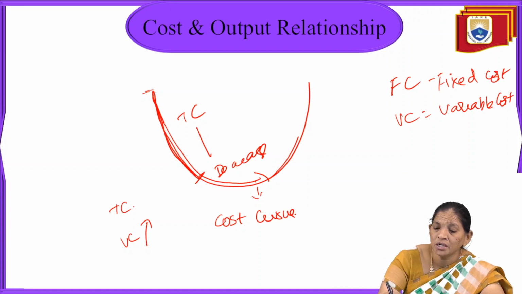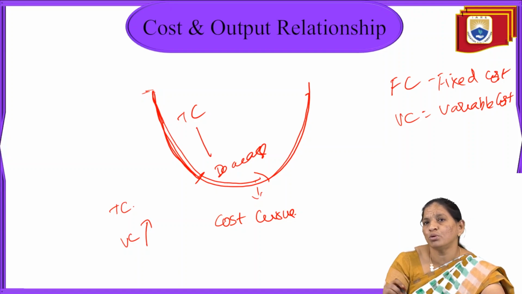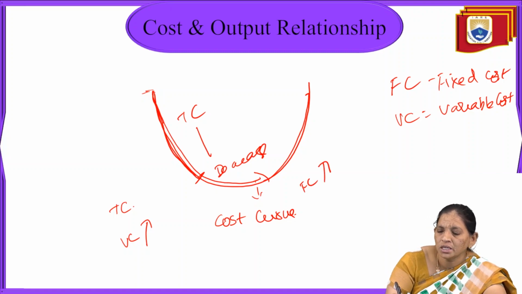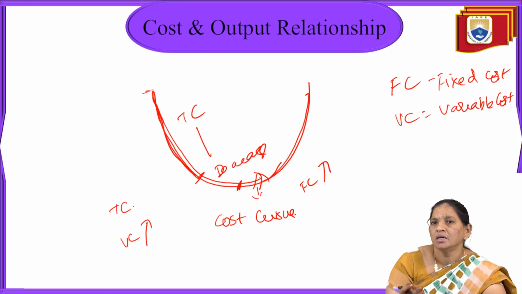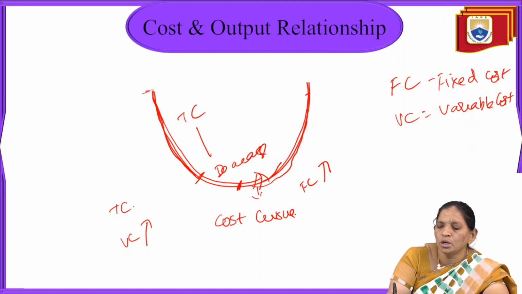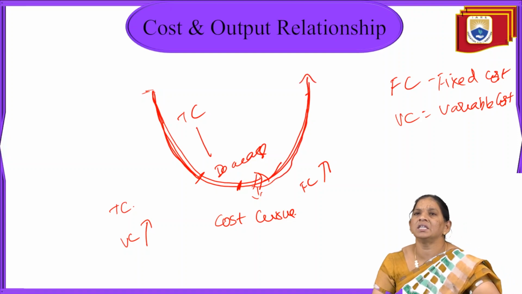So along with variable cost, the fixed cost also increases. After this minimum point, once the capacity is exhausted, the fixed cost adds on and the total cost will increase.